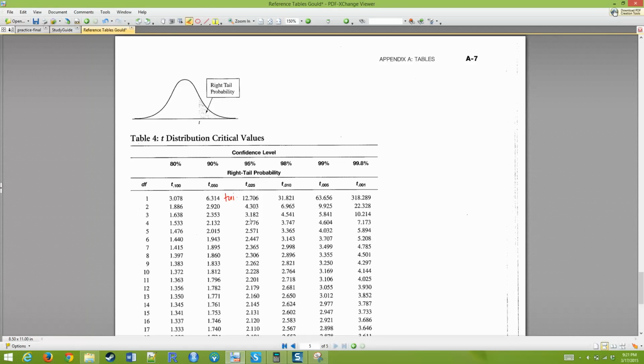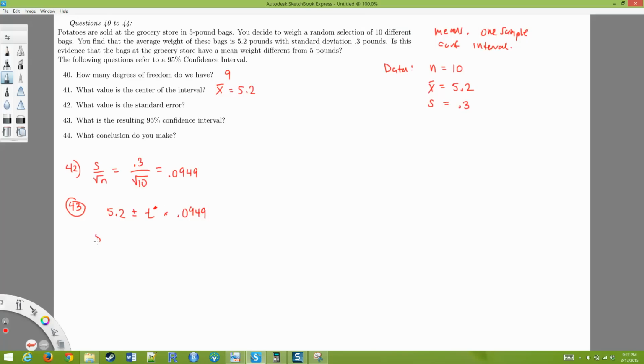The number I'm using is 2.262. So I have 5.2 plus or minus 2.262 times 0.0949, which is 5.2 plus or minus 0.215.